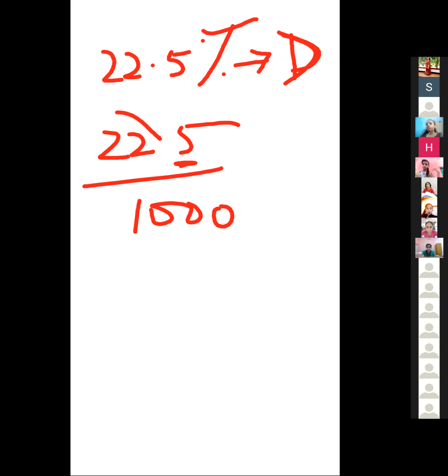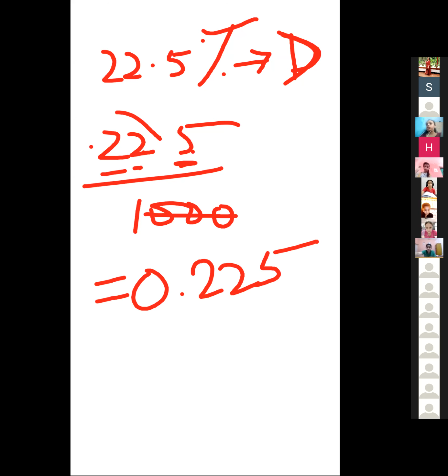Then you have to change into the decimal. 3 zeros cut. 1, 2, 3. Put point here. 1, 2, 3. Your answer is 0.225. No percentage. Wrong, Diksha, Mannat. We will not put percentage, dear.